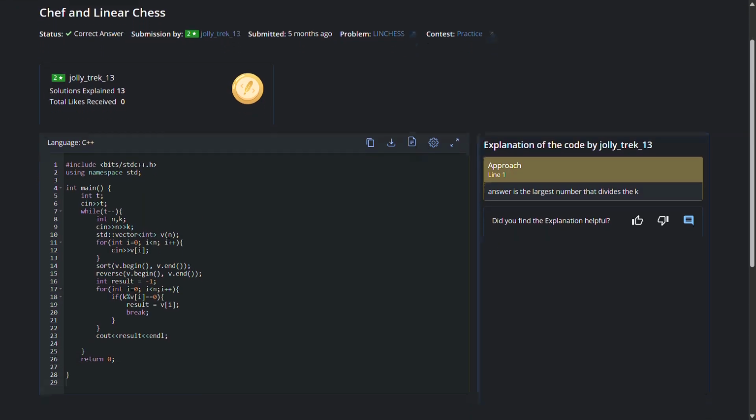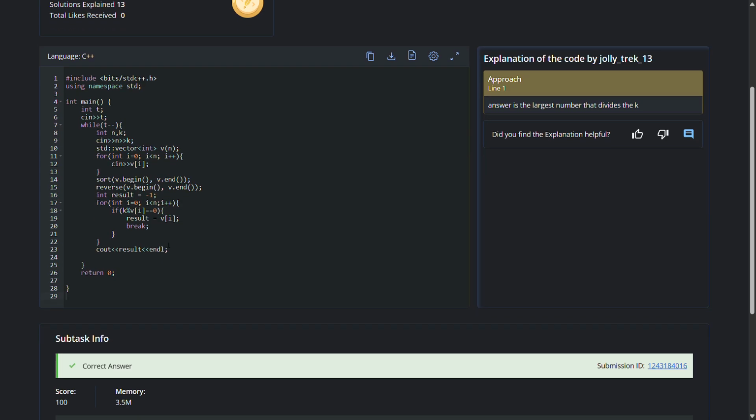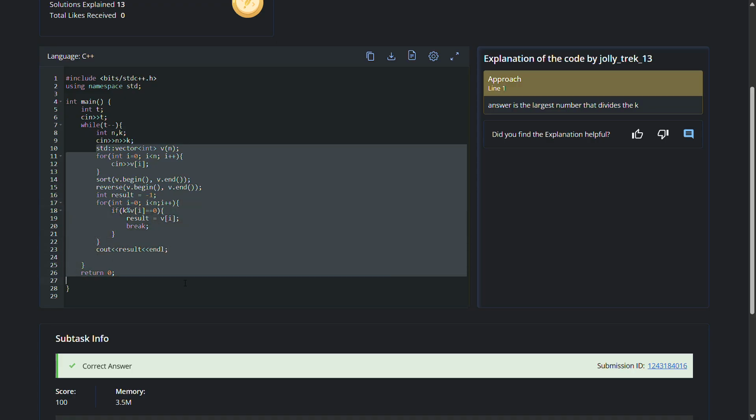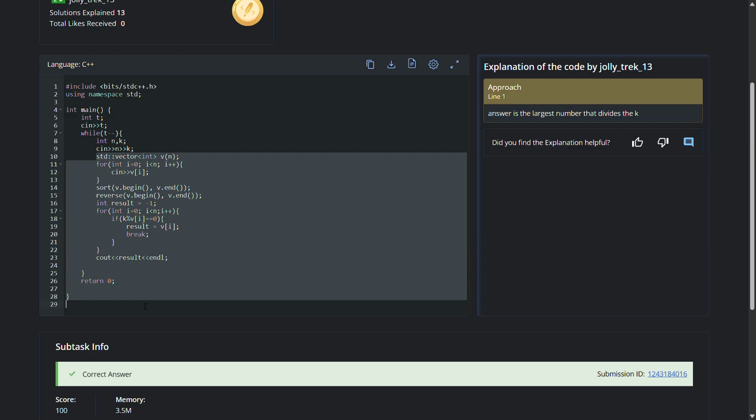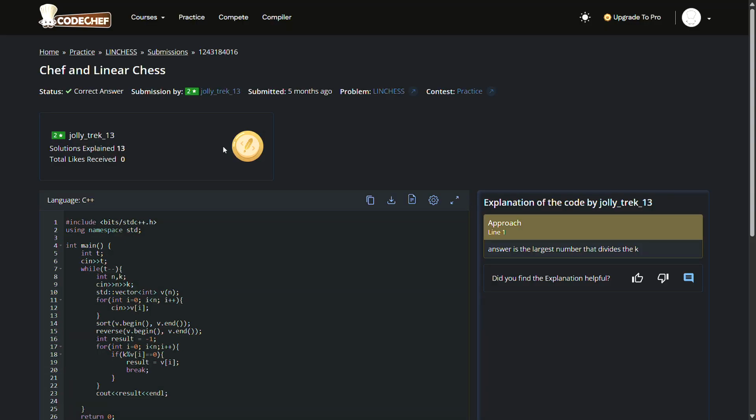What they will do. Taking a vector and then taking input, sort them, reverse, result minus 1, break. At that time, I'm not saying anything.